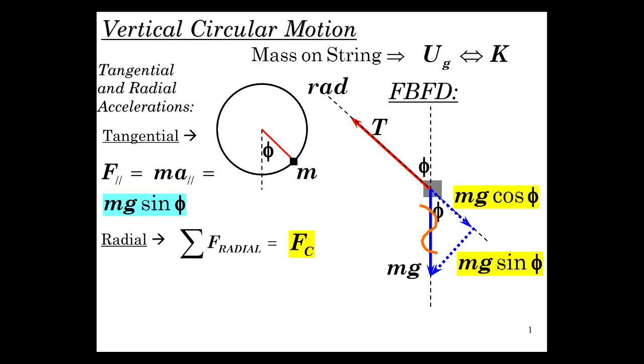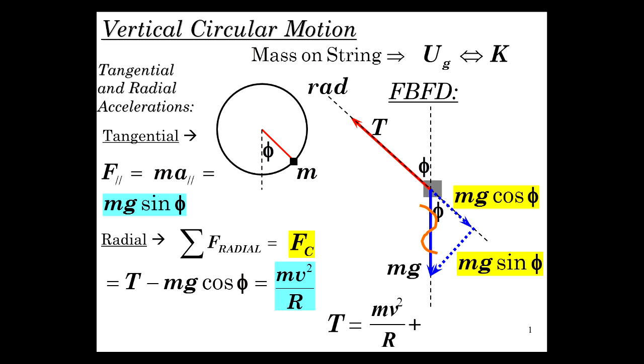They're acting in opposite directions, so the sum of the forces, which by definition is centripetal force, is tension minus mg cosine of phi, which is mv squared over r, the definition of centripetal force. And therefore, we have solved for the tension in the string at any arbitrary angle phi as such. Tension is mv squared over r plus mg cosine of phi.